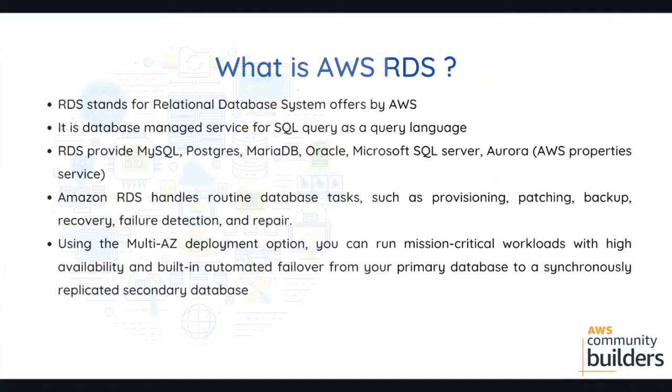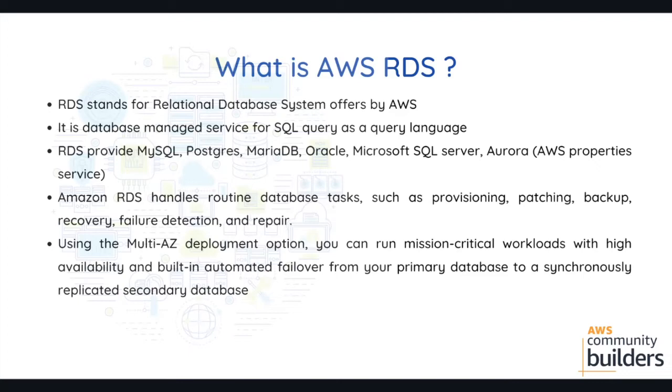It is offered by AWS, that is why it's called AWS RDS, and it is a managed service supporting query languages from other providers like MariaDB, PostgreSQL, MySQL, and Microsoft SQL Server also.